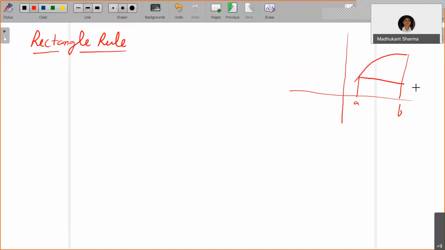You take either the left hand point or the right hand point. So there are two rectangles you can form if you are only looking at a to b. What will be the area under the curve, the integration a to b? If you approximate by a rectangle, the lower part is going to be b minus a into f at a.